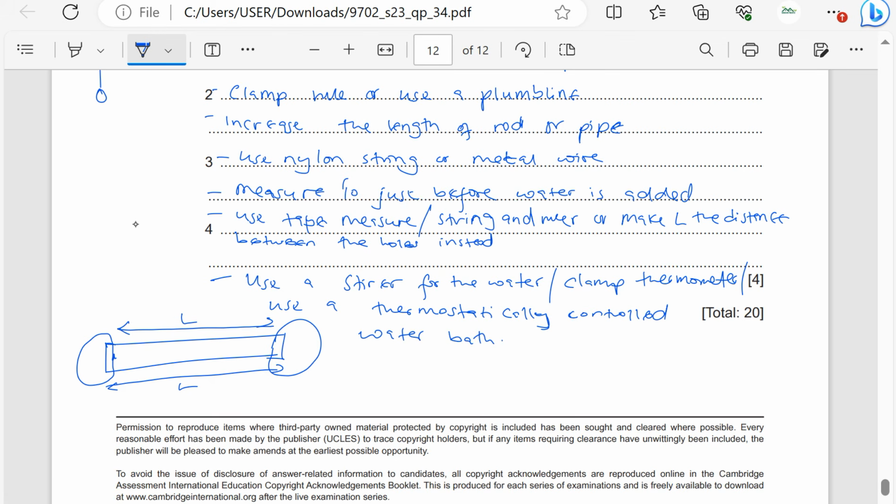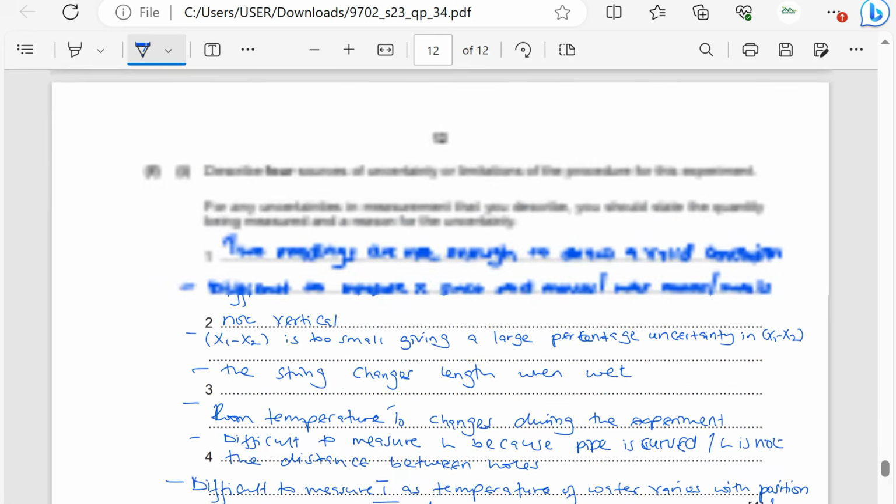This one will prevent the temperature from rapidly decreasing.